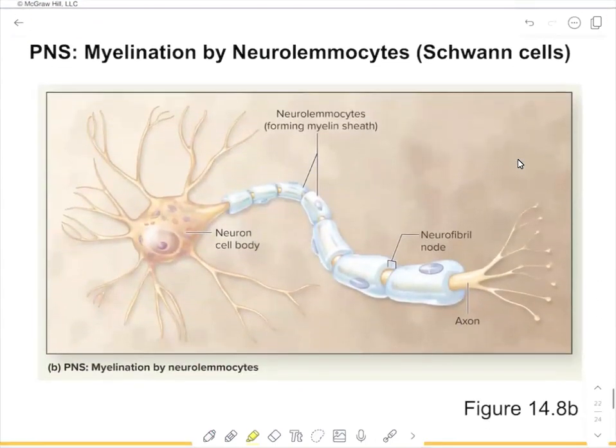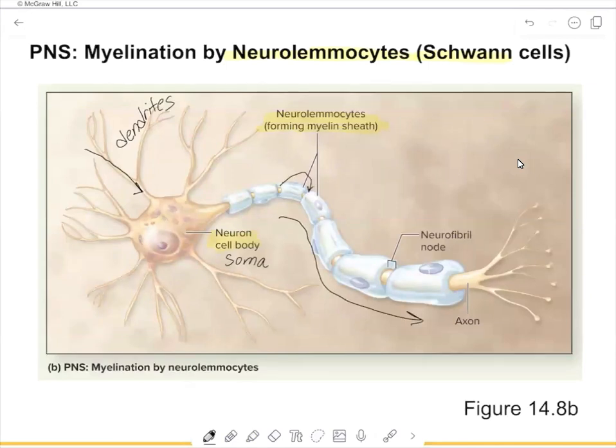So within the peripheral nervous system, it's the Schwann cells or the neurolemmocytes which are forming the myelin sheath. So notice here first that we have the main parts of the neuron, which would be the dendrites. Remember, the dendrites are responsible for taking the incoming information to the neuron cell body, also called the soma. And the axon takes the information away from the cell body.